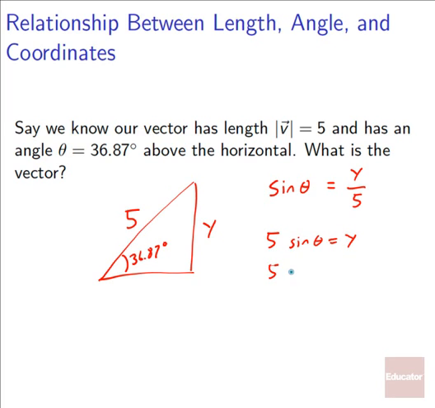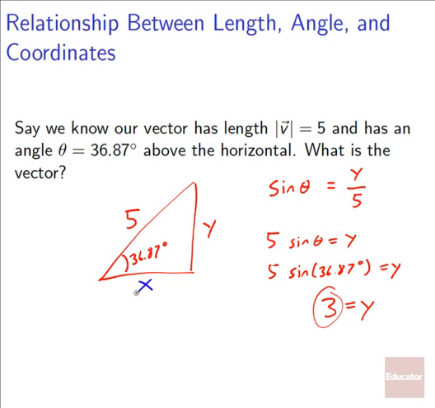We plug in what that theta was, 5 sine of 36.87 degrees. Punch that into a calculator and we're going to wind up getting 3. So that side's equal to 3. Same basic idea over here. We'll call this side x. Cosine equals adjacent divided by hypotenuse.